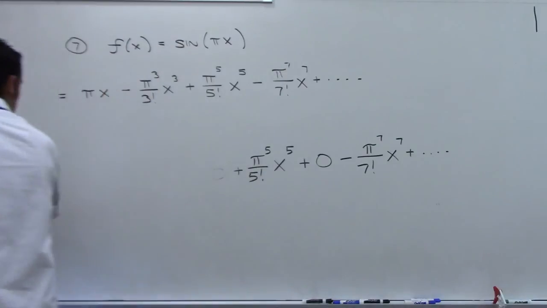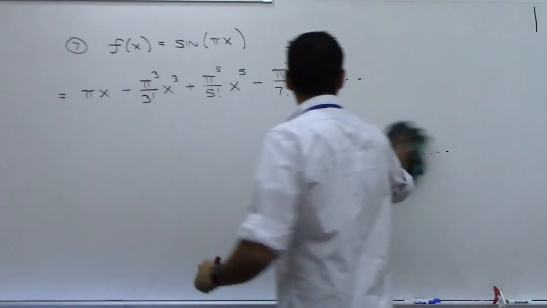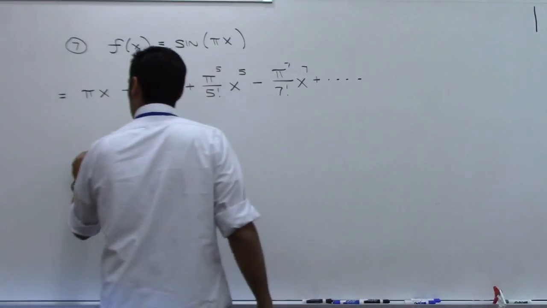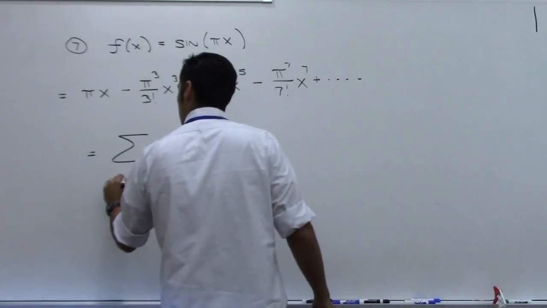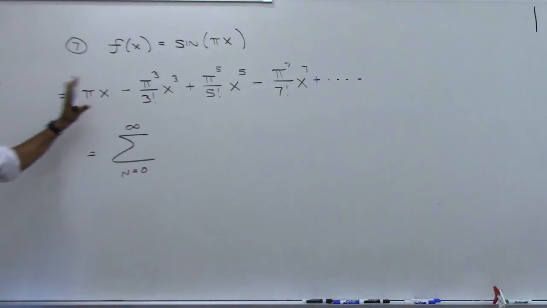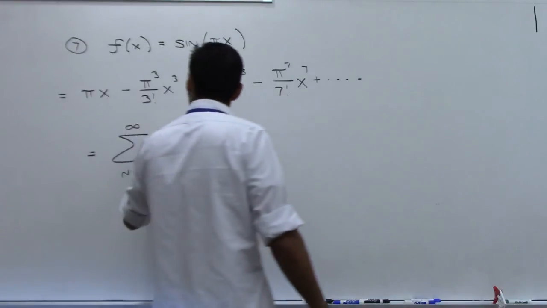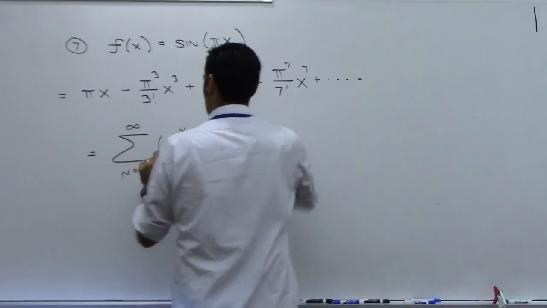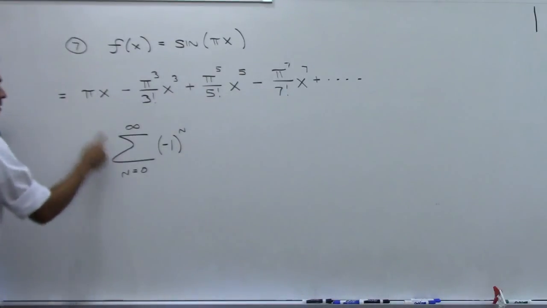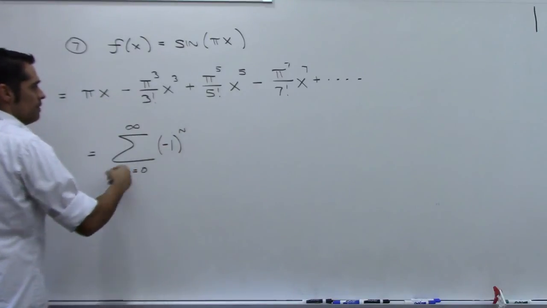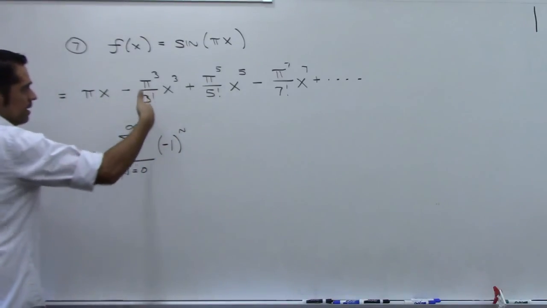What I'm going to do now is use my ability to rewrite the sum using sigma notation. I'll start it out at n is 0 to infinity. And I want to create an alternating series that starts with positive. So to do that, I'm going to go negative 1 to the n. If I start with n is 0, I get a positive 1, and then if I go with n is 1, it will be negative, then positive, then negative.